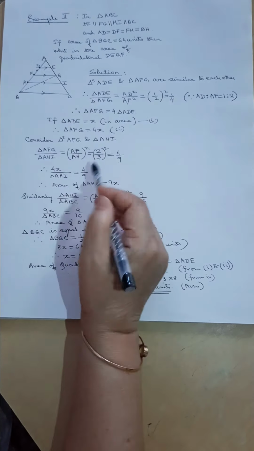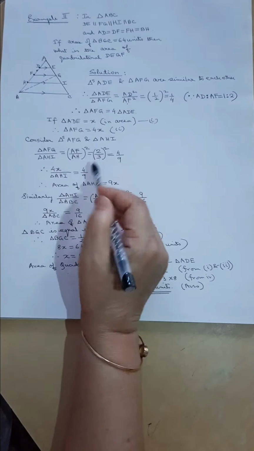Therefore, 4x by triangle AHI is equal to 4 by 9, and from there we get area of triangle AHI is equal to 9x. Similarly, triangle AHI by triangle ABC is equal to AH by AB whole square, which is equal to 3 by 4 whole square, which is equal to 9 by 16.